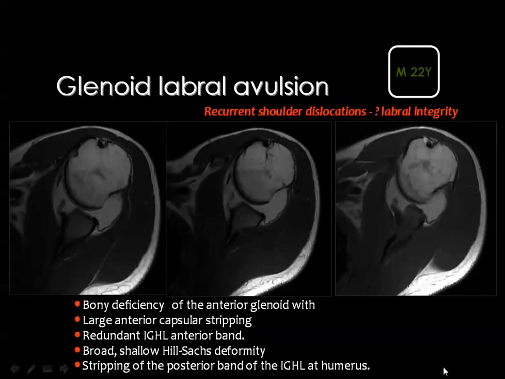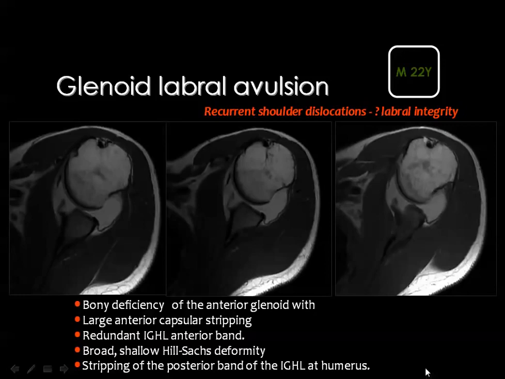In glenoid labral avulsion, or what is known as the Bankart lesion, the glenoid labrum is avulsed from its site. As I have said, this may be associated with bony deficiency of the anterior glenoid, with large anterior capsular stripping and redundant inferior glenohumeral ligament.